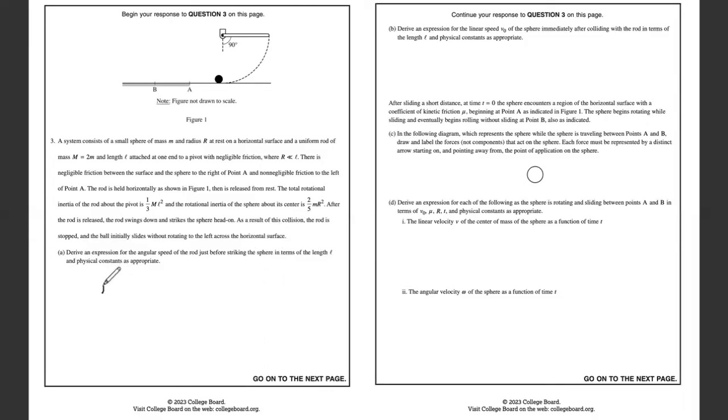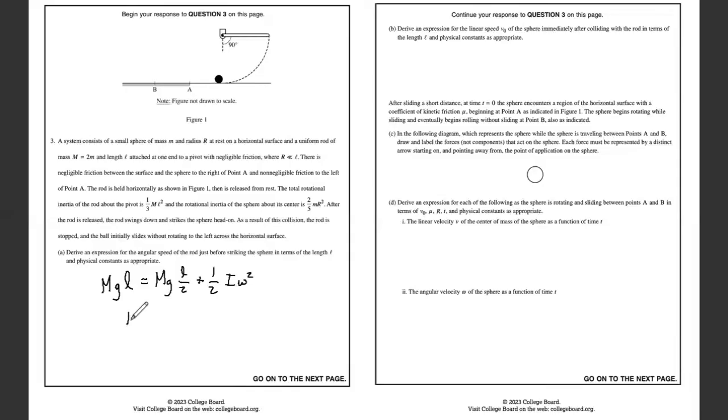What we know is MgL. We have to track the gravitational potential energy of the center of mass, because that's where gravity is said to be acting. So the final potential energy isn't 0, it's MgL over 2. We get 1 half I omega squared plus MgL over 2 is equal to MgL.